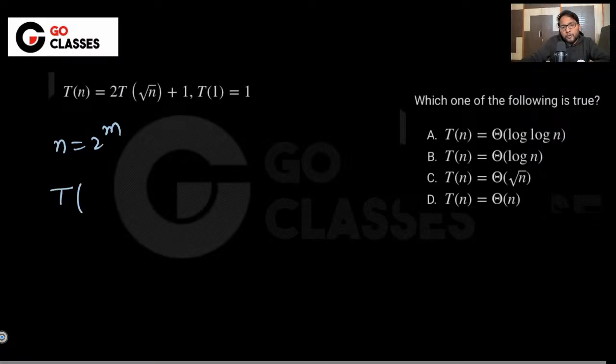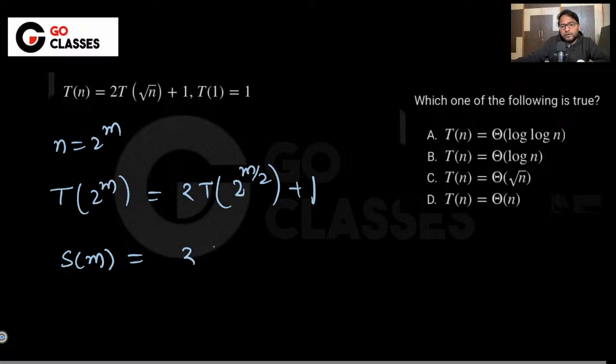So it will be T(2^m) = 2T(2^(m/2)) + 1. Then you can say this is S(m), which will be equal to 2S(m/2) + 1.